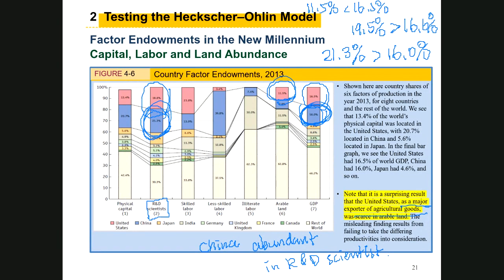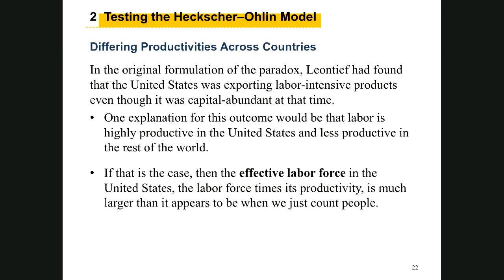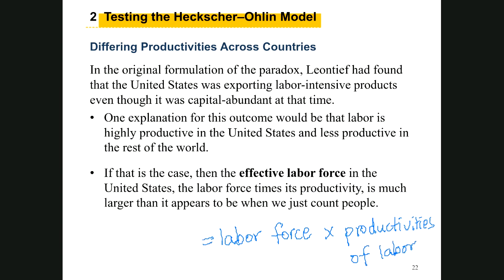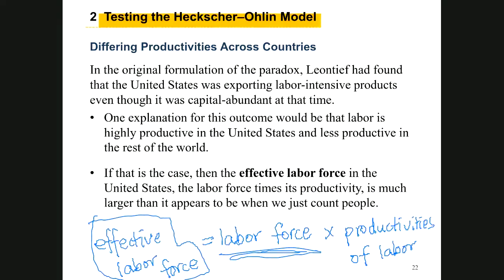So what's going on? We need to define another thing. It's called effective labor force. So we need to focus not only on the actual number of the labor force, but on the productivity of the labor as well. This is the formula for the effective labor force. The only difference between effective labor force and actual labor force is that it is multiplied by the productivity of the labor.